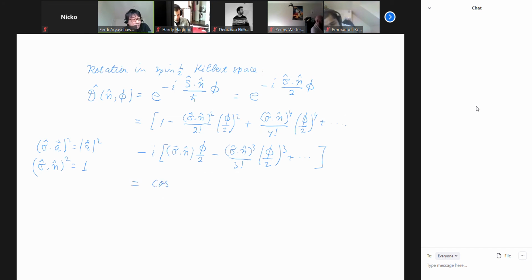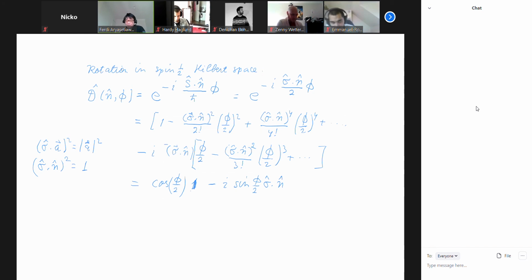So that's the expansion of cosine of phi by 2 times the unit matrix. It's a unit matrix, minus i, and then we have sine phi by 2, and like that. So that's because I can take out sigma dot n again, and I have this squared here.